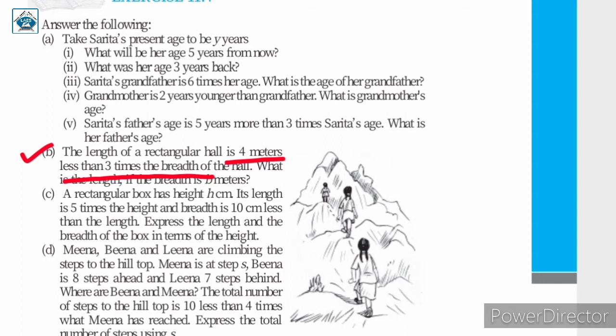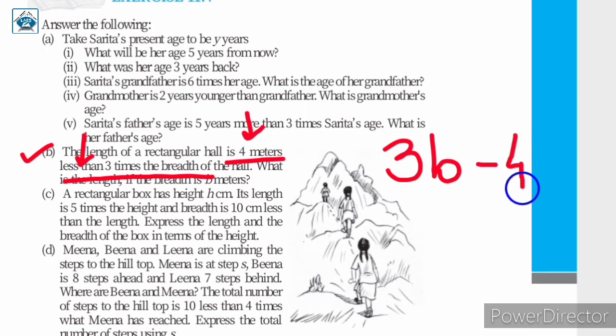So 3 times breadth means 3 multiplied by breadth, and what is breadth? We have taken B. So it is 3B. And it is 4 meters less than. Whenever we are given less than, we will do minus, that is subtraction of that number. And how many meters is it less? It is 4 meters less. So 3B minus 4 is the length of the rectangular hall.